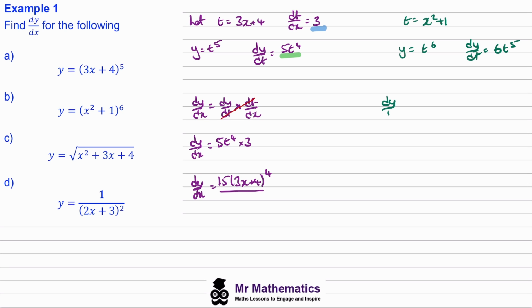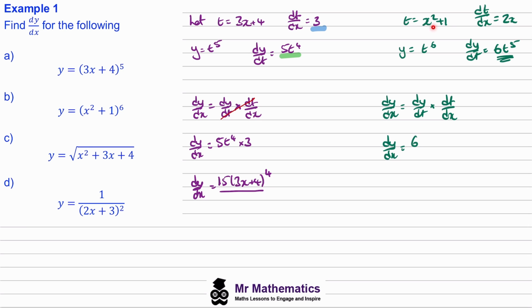And if we want dy by dx, this will be dy by dt multiplied by dt by dx. And we can work out dt by dx. If we differentiate t, this will just be 2x. So dy by dx will be dy by dt, 6t to the 5.